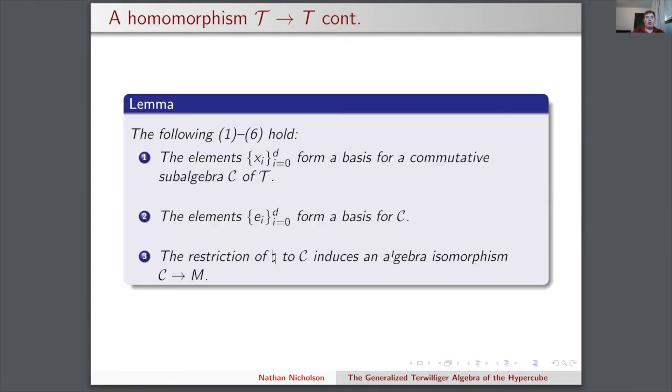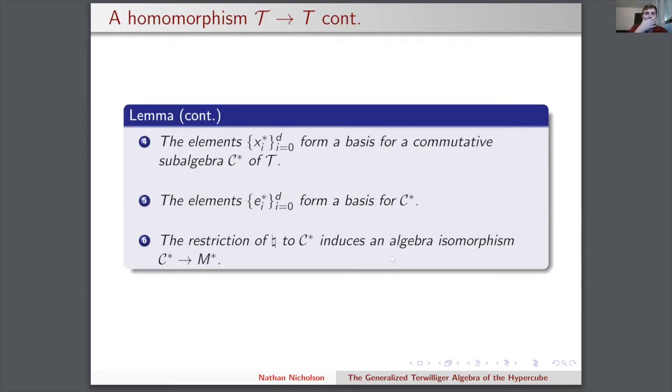We have the following 6 statements. 1, the xi's form a basis for a commutative subalgebra of T, which we denote by C. 2, the elements ei, i going from 0 to D, form a basis for that same subalgebra. 3, the restriction of natural to C induces an isomorphism from C to the Bose-Mesner algebra M. And then 4, 5, and 6 are the same with respect to the dual.